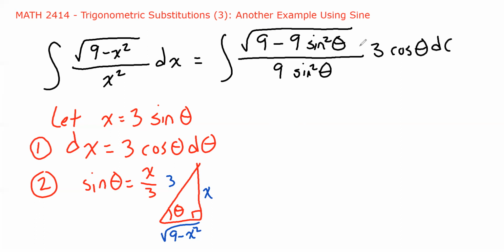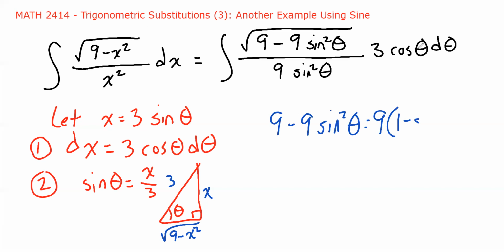At this point, it's now a trig integral, but we're not ready to evaluate it, because the whole purpose of the substitution is to clean up the square root and, more generically, clean up the subtraction problem underneath. How would we clean up the subtraction problem? Well, let's just do it off to the side for a second. Remember, the motivation was trying to expose a trig identity, and the trig identity we're looking for is disguised with a 9.